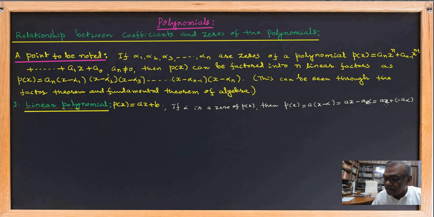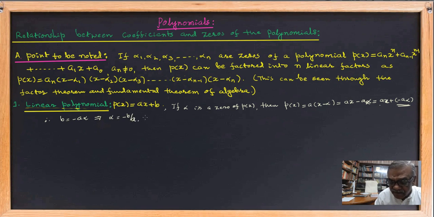Now compare these coefficients, particularly the constant term. Therefore, b is equal to minus a alpha, and that can be written as alpha equal to minus b by a.